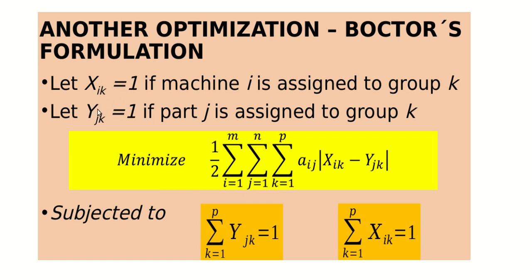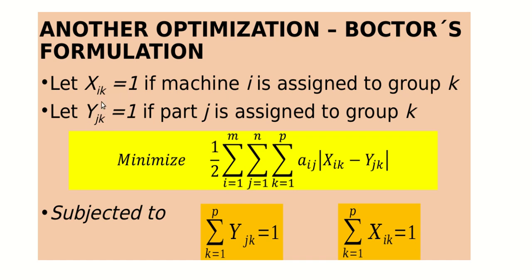How many y variables will I have? Well, that depends on the number of groups that you want. If you want two groups, then the number of x variables will be 6 times 2. If you want 3 groups, it will be 6 times 3, and so on.